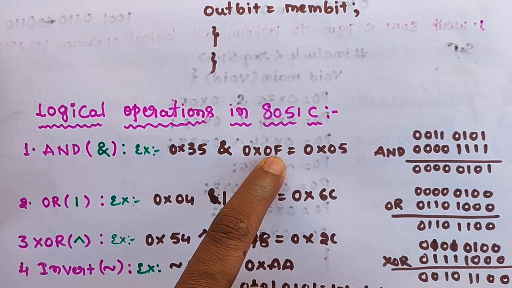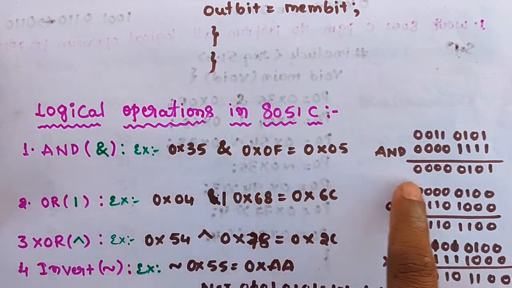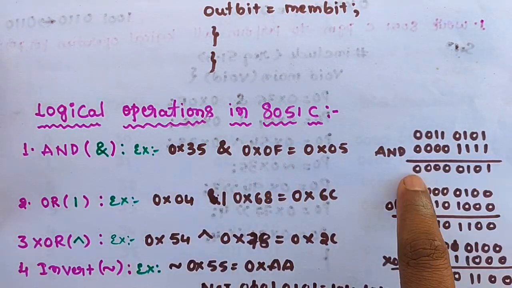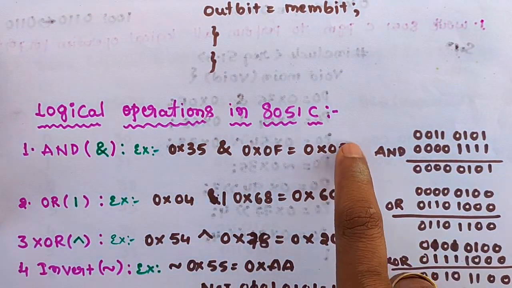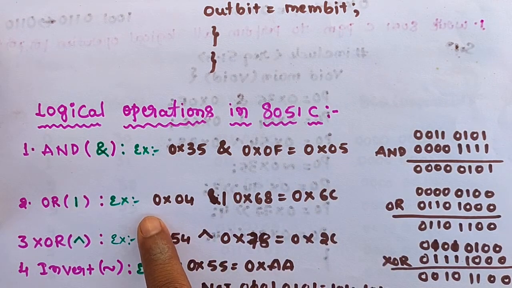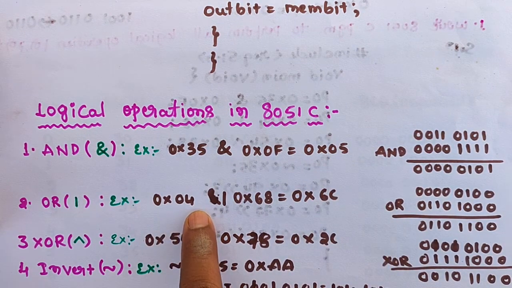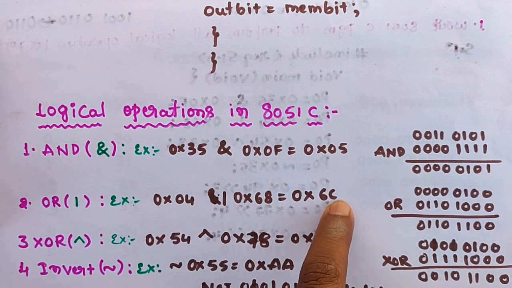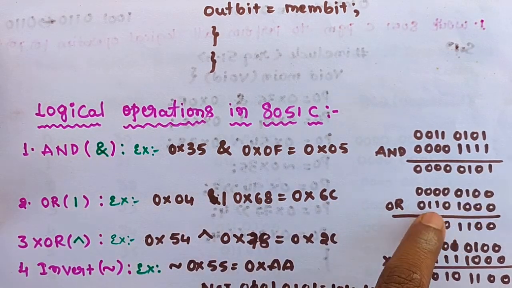That is 35 and 0F. I am going to perform an AND operation. Here is the manual calculation. After performing the AND operation, I will get 05. In the OR operation also, I am going to do an OR operation with 04 and 68. I will get 6C. The manual calculation is here.